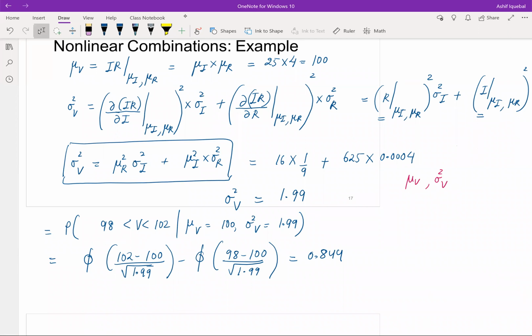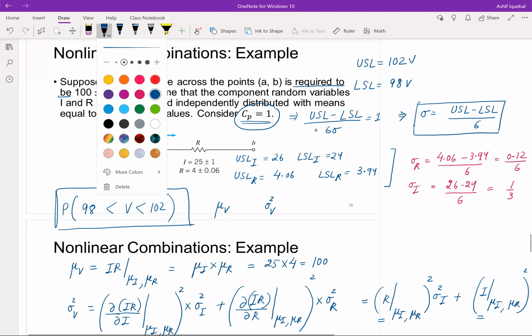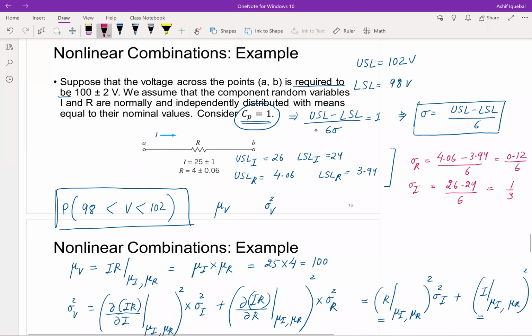Okay, good question, Sachin. Sachin asked if the CP value is given just for V or for V, I, and R. Let me clarify this. Actually CP is given equal to 1 for I and R, because this is what is given by the manufacturer.